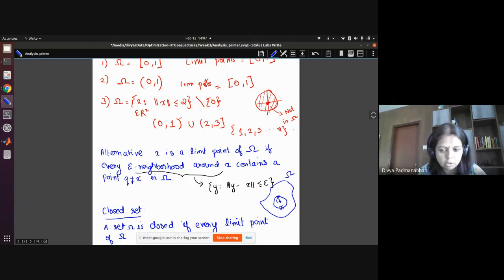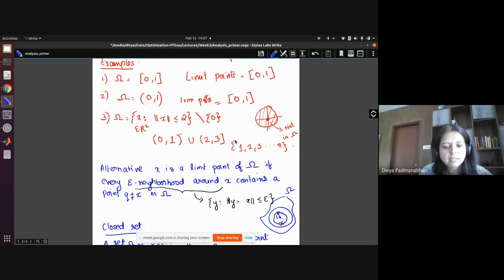So that's an epsilon neighborhood, written as the set of all y such that the norm of y minus x is at most epsilon. If you look at this neighborhood, then you should be able to find a point in omega, and that point should not be x, anything other than x. So any neighborhood you take, you should be able to find something in omega. That is another alternate representation of limit points. You could use either of these to check, and it turns out that these two things are equivalent.